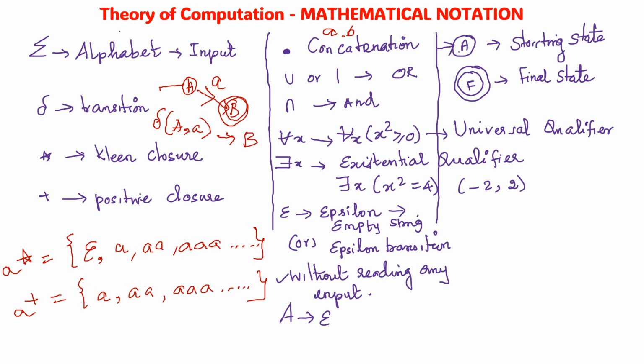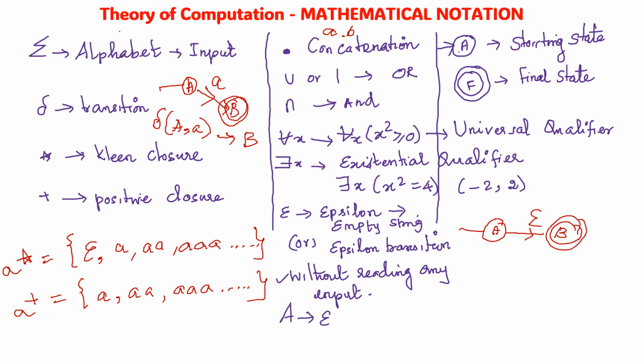Next, epsilon transition. Epsilon transition means empty string transitions. That means the transition starts from the empty string, that is there is no input, just the machine moves from the starting state to the ending state.